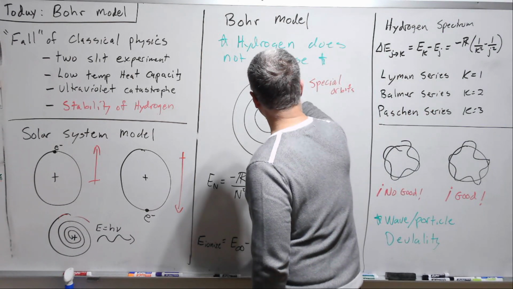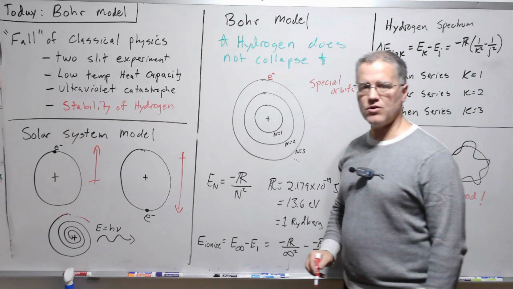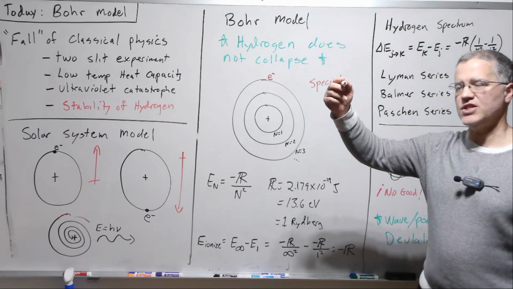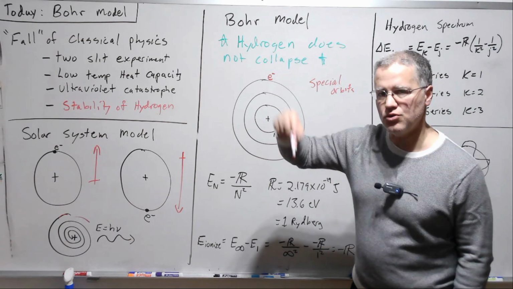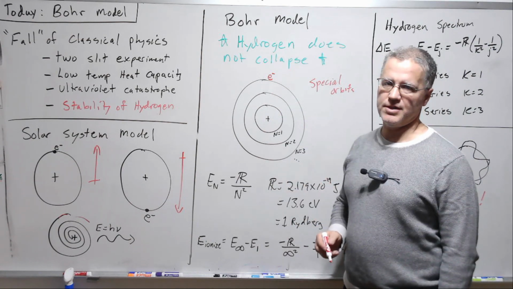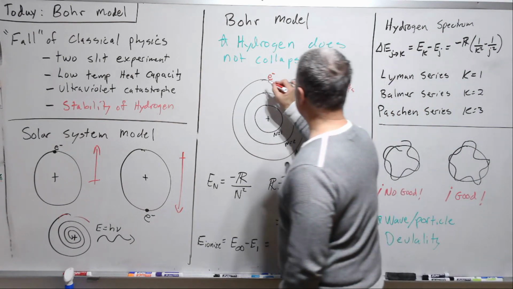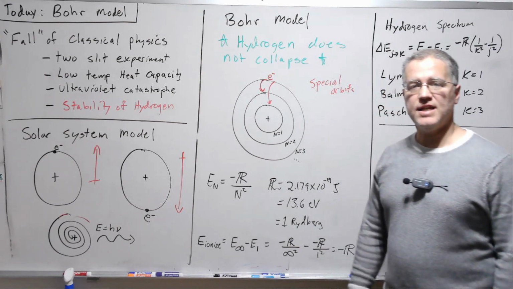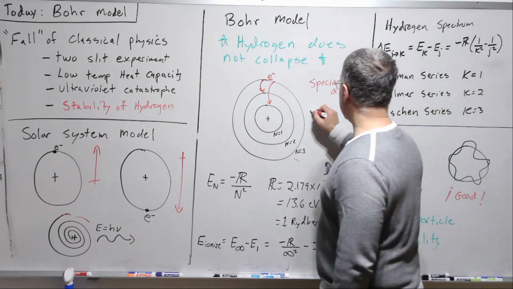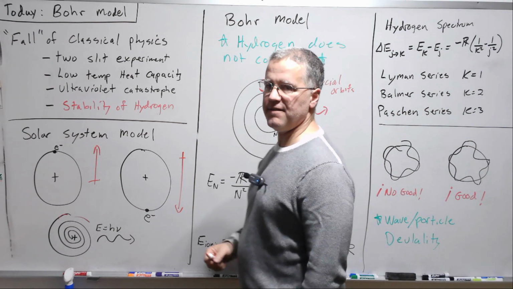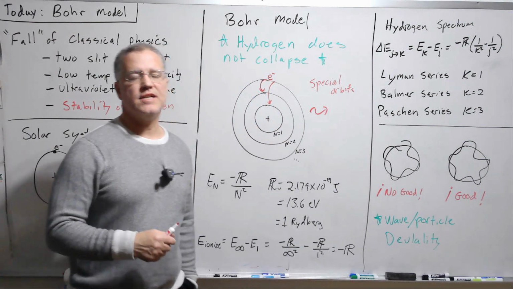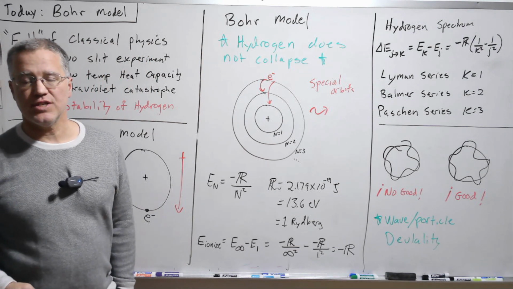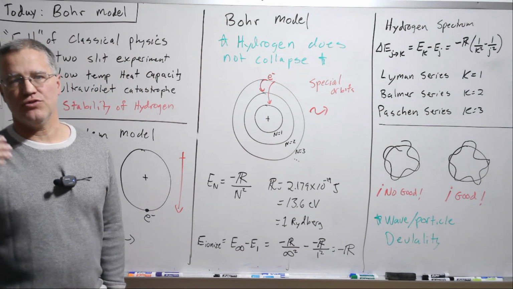As an electron is in one orbit, it can transition to another orbit by either gaining energy and going to a higher orbit, or losing energy and going to a lower orbit. When it loses energy, for example, to here or to here, then it gives off light. And it gives off light at an energy that is equal to the difference in energy between those two orbits.